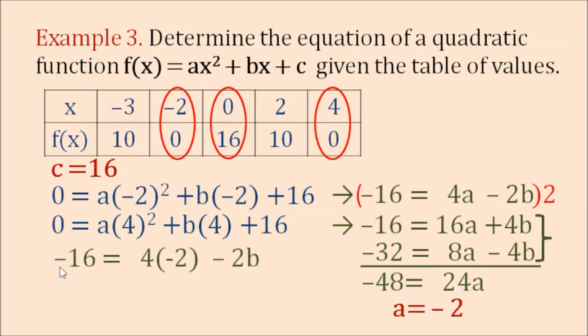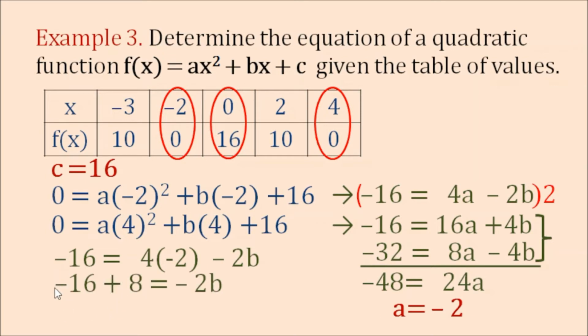We will get -16 equals 4 times -2 minus 2b. And of course, we know that 4 times negative 2 is negative 8. And then in order for us to have the constants on one side of the equation, we can add 8 on both sides.